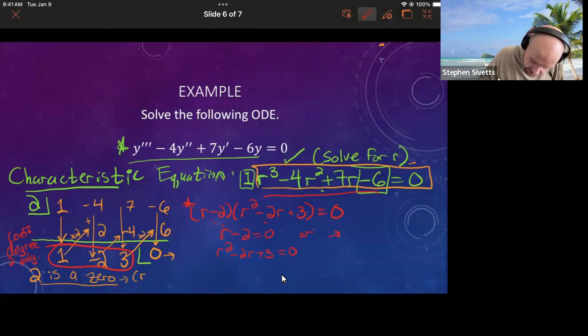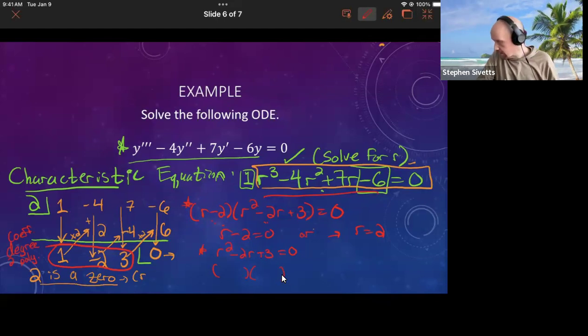So one zero is at r equals 2, and the other two zeros would come from this equation, right? And so we need to find two numbers that multiply to be 3 and add to be minus 2. Let's see.